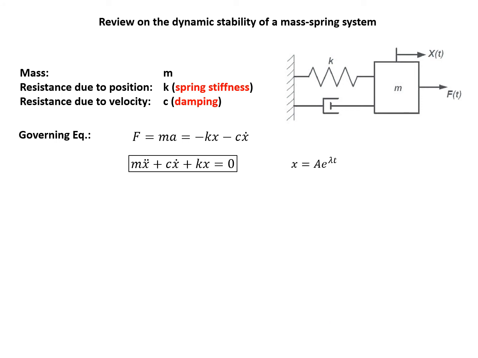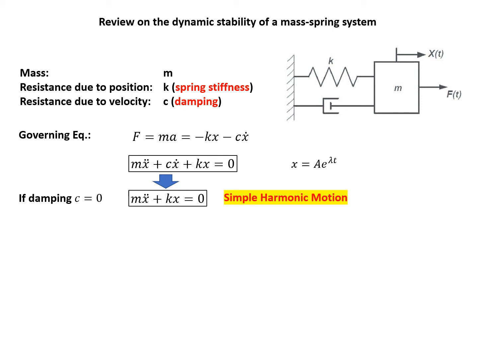Just now we defined the critical damping, and now you may wonder what happens if the damping is 0, which means the system doesn't have the damper. Then the left-hand side of the governing equation becomes two terms, and we call this a simple harmonic equation because there's no damping, and the mass just carries on with this kind of sinusoid wave.